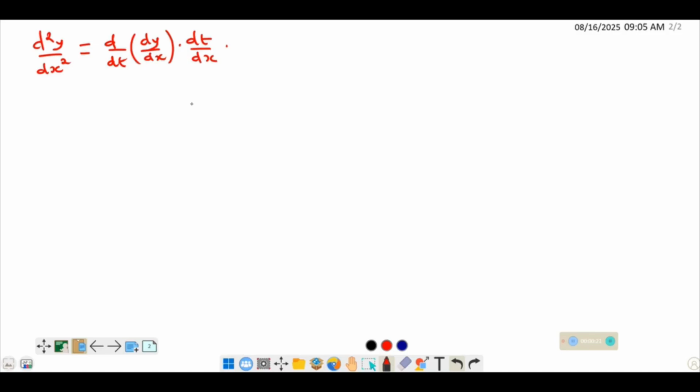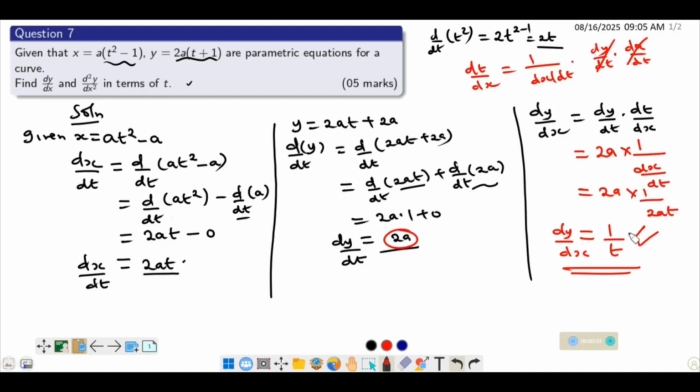This is how we obtain d2y/dx squared. You have to take note of that. The reason is, the dy/dx we have is in terms of the parameter t. So to get d2y/dx squared, you first differentiate this expression with respect to t, because it is in terms of t.